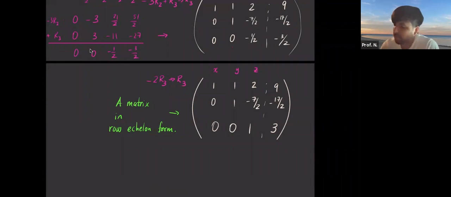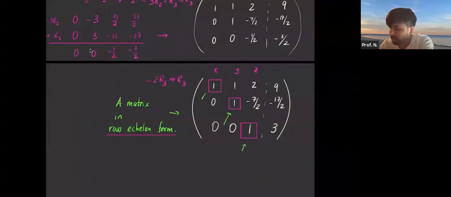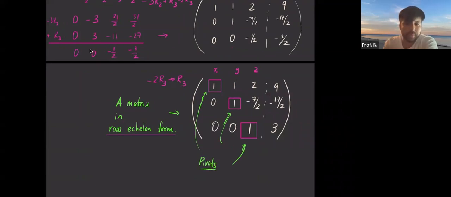Now, what is row echelon form? It's when you have a matrix with a 1 in the diagonals. I'm going to give you a few more terms you need to know. These ones here are called pivots, pivots of a column.